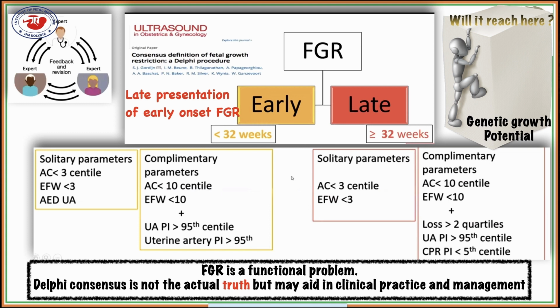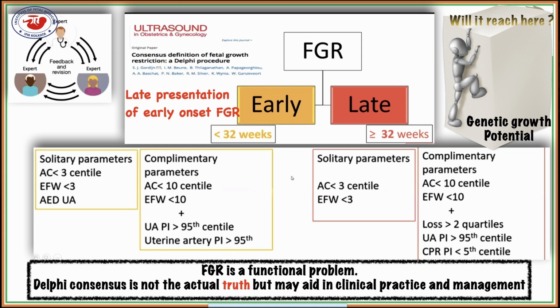But the biggest problem is late presentation of early onset FGR. It is not dichotomized, like, okay, 32 weeks is a Lakshman Rekha. The problem is that between when she was scanned and when she comes to you for follow-up, we don't know what happened in between. So unless proved otherwise, you take all those growth restricted cases as early onset growth restriction and do everything, all the Dopplers.